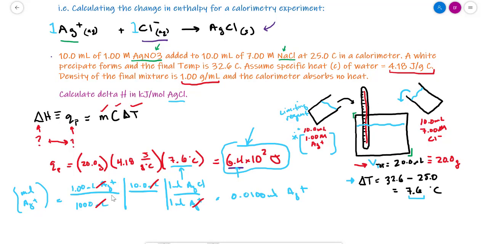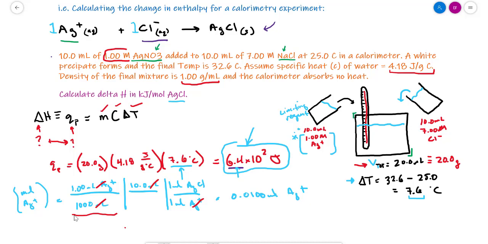Set that up with dimensional analysis. We start with the original concentration of the silver ion, which we know to be 1.00 molar coming from the problem itself. I just wrote that as 1 per 1,000 mils. I skipped that conversion between mils and liters. We've got 10 mils of this stuff, and then we know that for every mole of silver that reacted as the limiting reagent, that produced 1 mole of silver chloride.